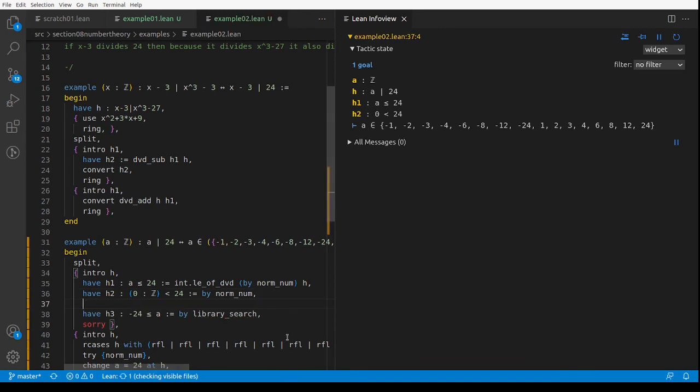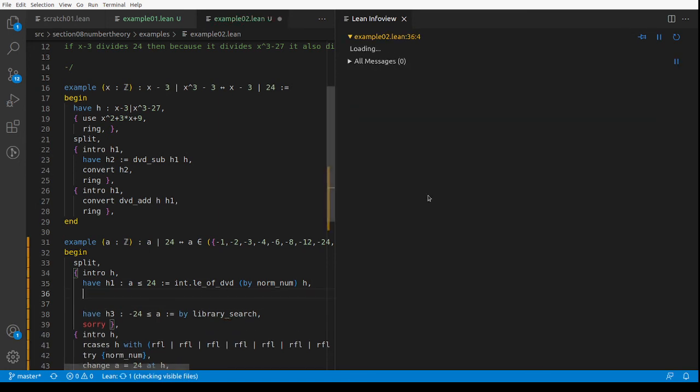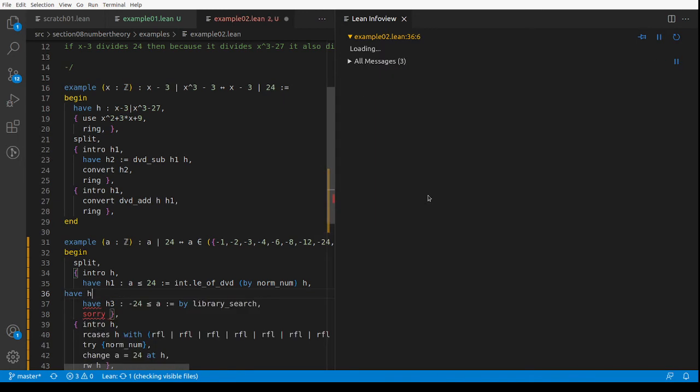Okay, so we're going to have to do it the boring way. So I claim, I mean, we don't need this, we can do this by norm_num. So have h2. The point is, I claim that negative a divides 24.